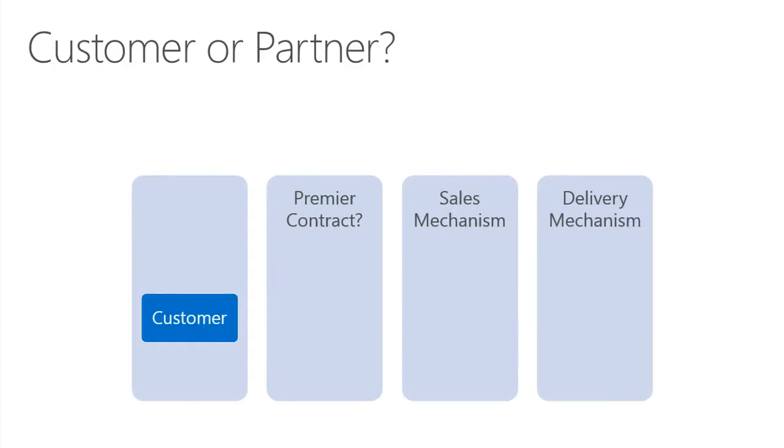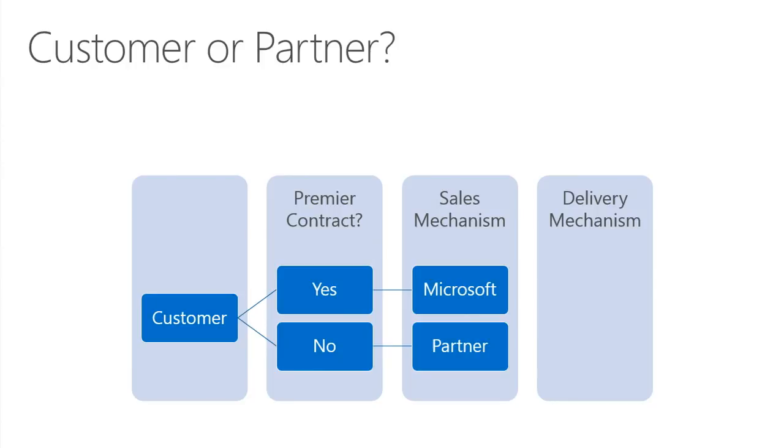So really, how do you get a RAS? It depends on where you're coming from, whether you're direct to the customer or coming through a partner. From the customer perspective, do you have a premier contract, yes or no? This will ultimately make the difference in terms of how you get it. If yes, it's through Microsoft.